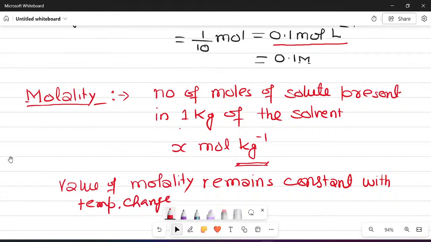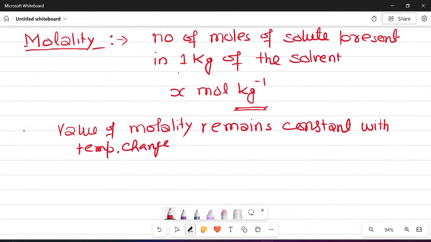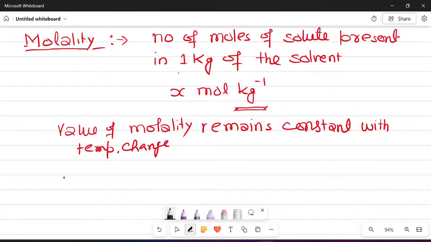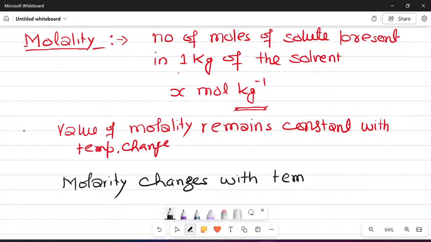While we saw that the value of molarity changes with temperature. So this is the difference between molality and molarity.